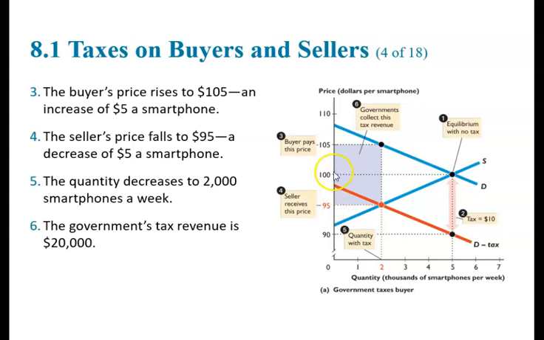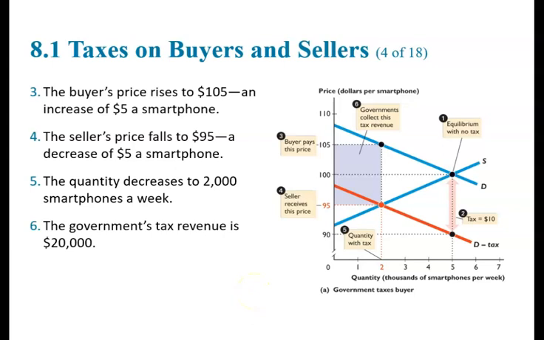So $5 of the total $10 tax burden falls on the seller, while the buyer now pays the price of 105 rather than the initial equilibrium price of $100 per smartphone, which means that $5 of the total $10 burden of the tax also falls on the buyer.